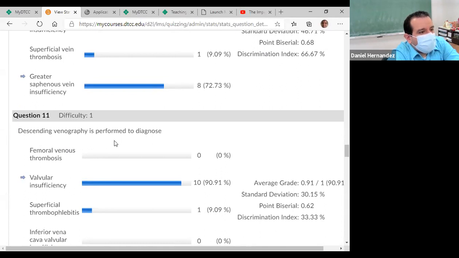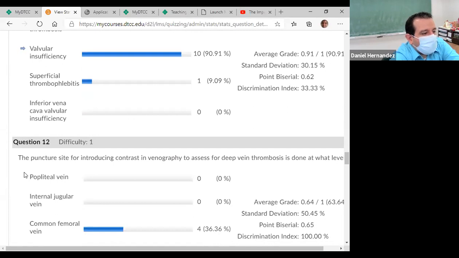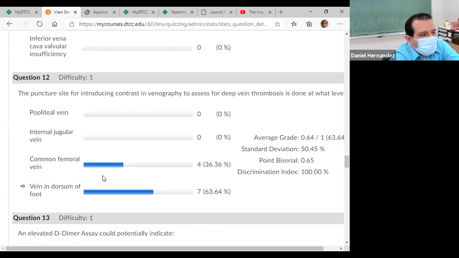Descending venography is performed to diagnose valvular insufficiency. Ascending venography is to evaluate for clots or thrombus. So the puncture site for introducing contrast in venography to assess for deep vein thrombosis is done at what level? That's the common femoral vein level.